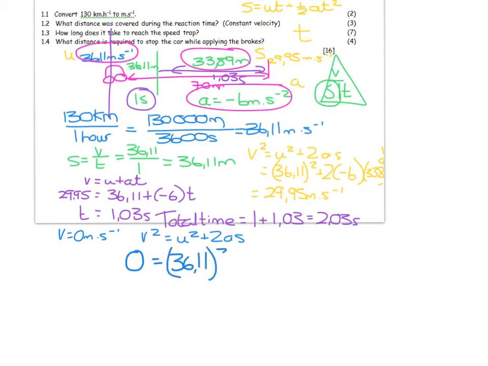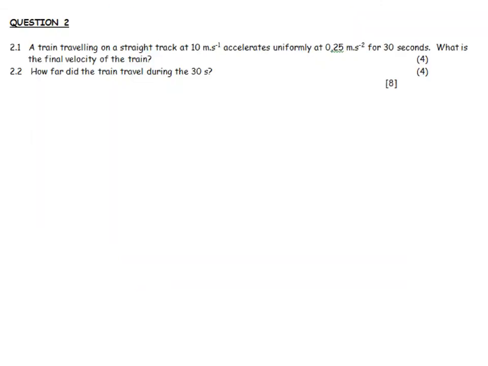Don't forget to square it. Plus 2 times negative 6, because I'm slowing down, over what distance? And when I rearrange that, my distance is 108,66 meters.